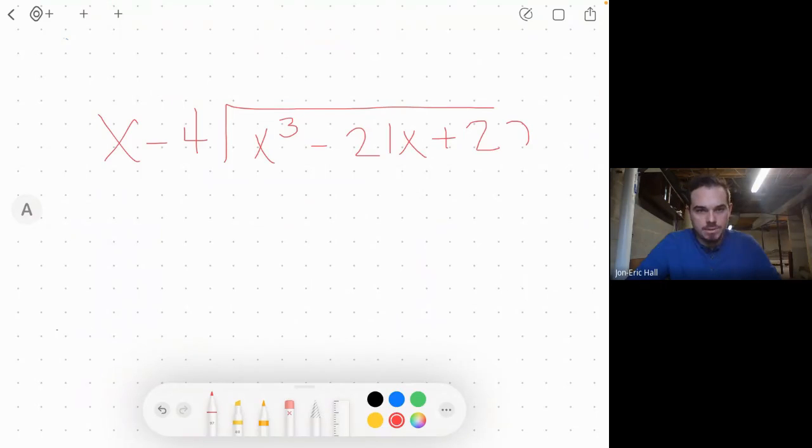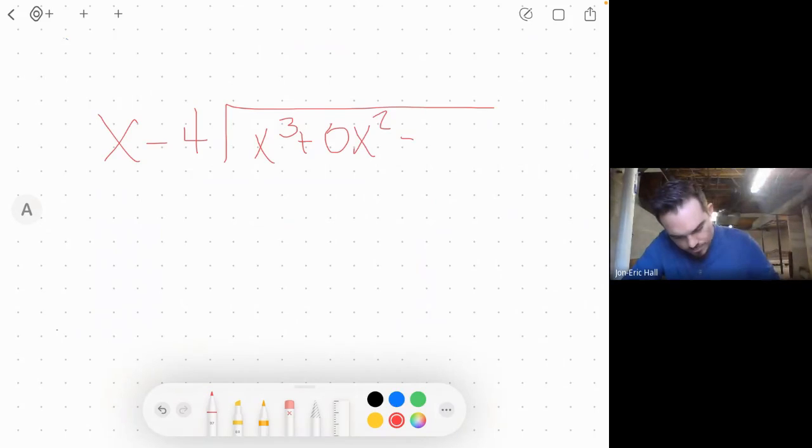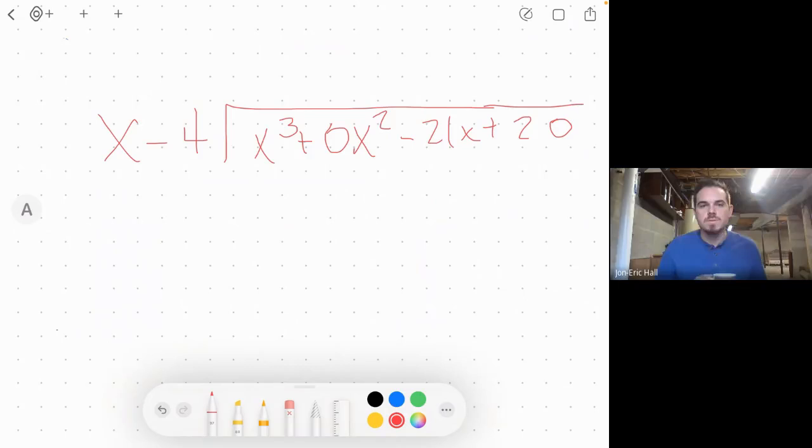Actually, I forgot to add this 0x squared. We want to put this in standard form as best as we can, so we put that 0x squared in there to take it into account. Now, how many times does x go into x cubed? x squared times, so we put an x squared on top.